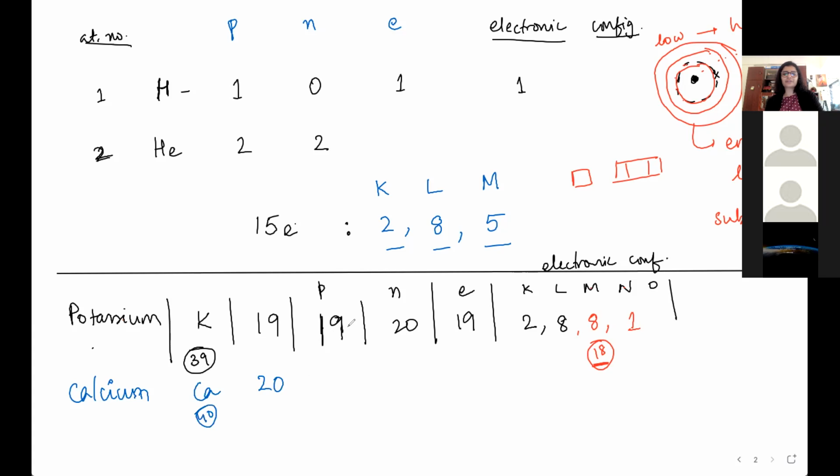Okay, so number of protons? 20. Number of neutrons? 20 is right. Number of electrons? 20 is right. 20 protons means 20 electrons.